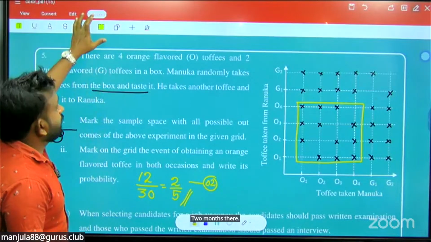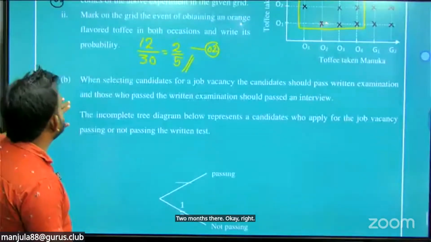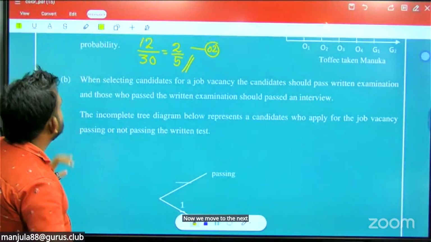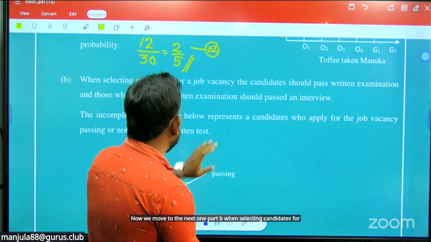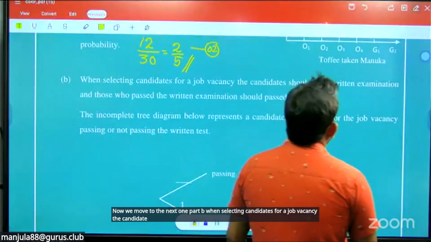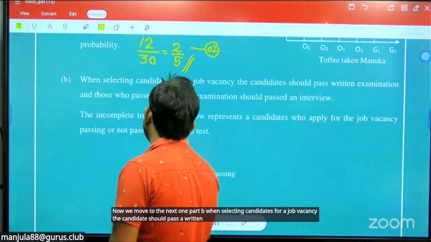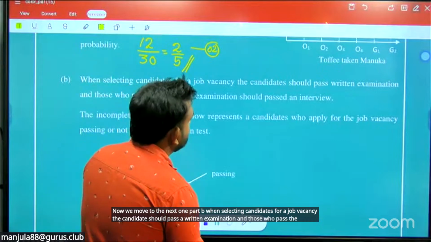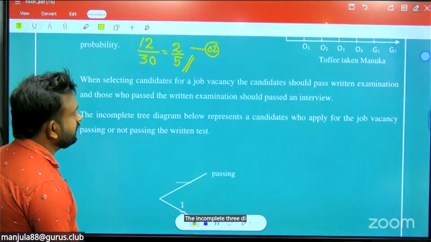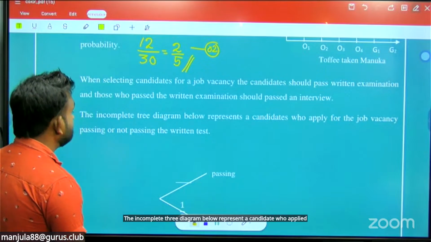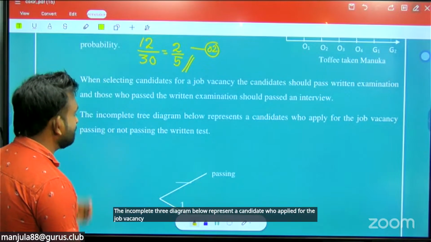Right. Now we move to the next one, part B. When selecting candidates for a job vacancy, the candidate should pass a written examination, and those who pass the written examination should pass an interview. The incomplete tree diagram below represents a candidate who applies for the job vacancy, passing or not passing the written test.